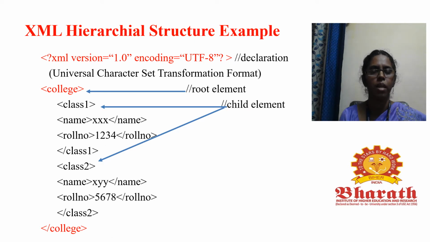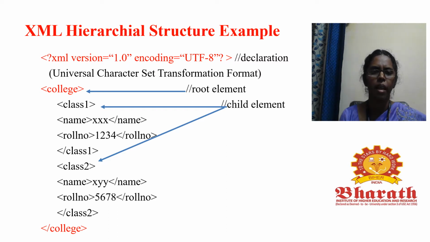Within the college we are having the child element class 1. Within the class we are having another two elements, that is name and roll number. So the class 1 tag over, we can easily understand class 1 tag contains the element name and roll number. Similarly, the class 2 data contain name and roll number.